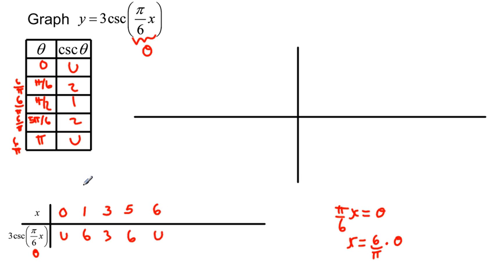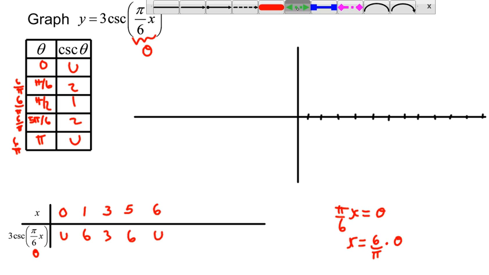So let's go ahead and graph this. It looks like we're going by ones, but let's go 1, 2, 3, 4, 5, 6, and on up to 12. At 0 and at 6, I have a vertical asymptote, so I'm going to graph that first.